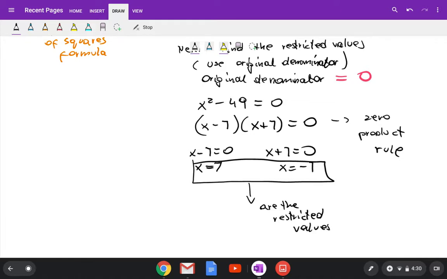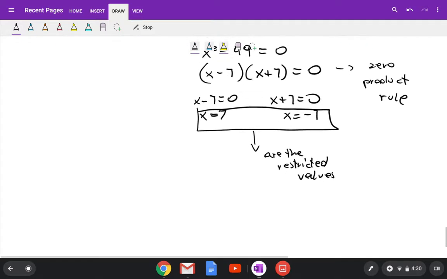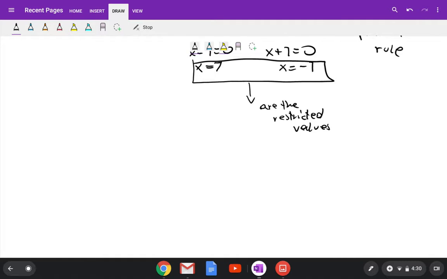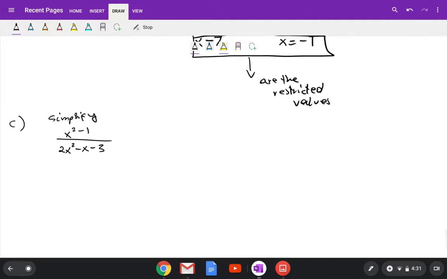Okay, so let's do a little more. So you have to simplify x squared minus 1 over 2x squared minus x minus 3. So let's do it again. So factor the numerator.